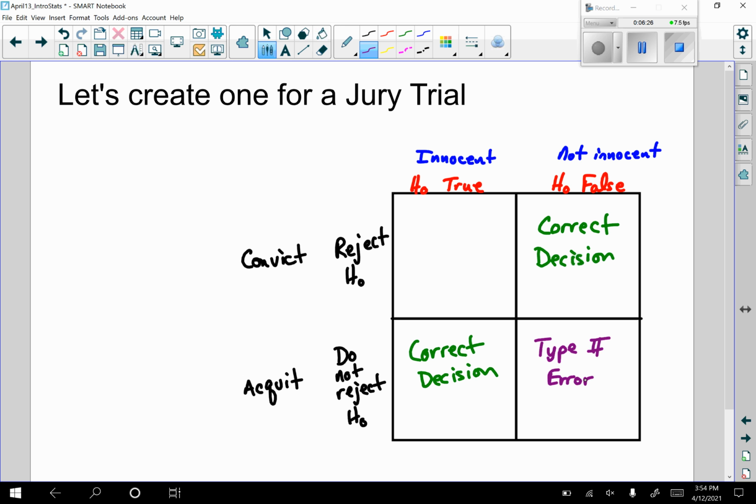That means we're letting somebody go, and chances are they're going to commit another crime and then maybe be on trial for that. So it is an error. It is a serious error, but when we compare to convicting someone who's innocent, that's definitely worse than letting someone go who is not innocent. But again, that could be debated.